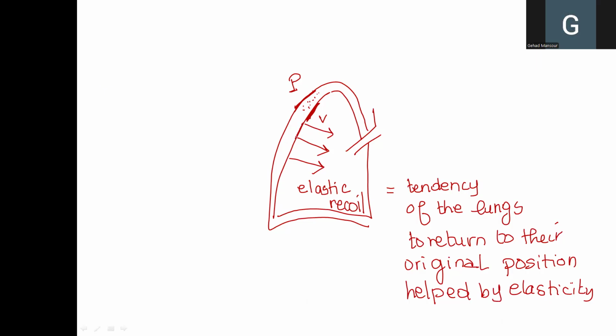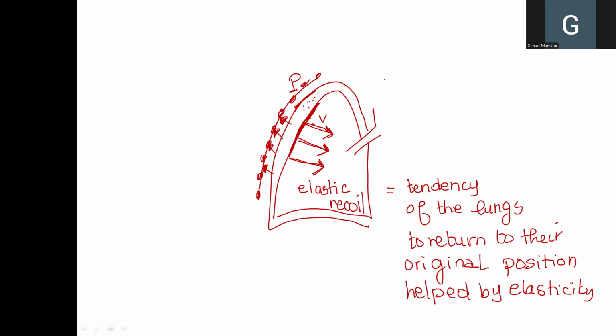And the visceral pleura tends to move inwards together with the lungs because the visceral pleura is adherent to the tissue of the lung. But meanwhile, the parietal pleura is attached to this thoracic cage with the ribs and the muscles in between, and therefore there is a pulling force that pulls on the parietal pleura in the opposite direction.